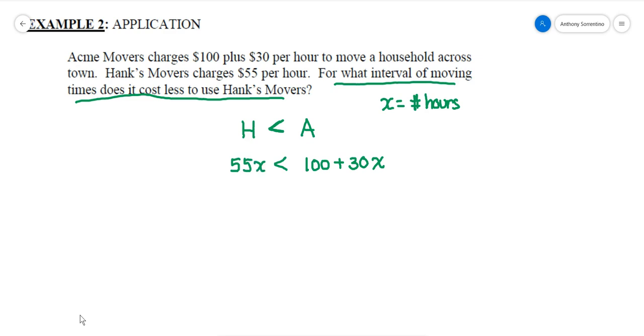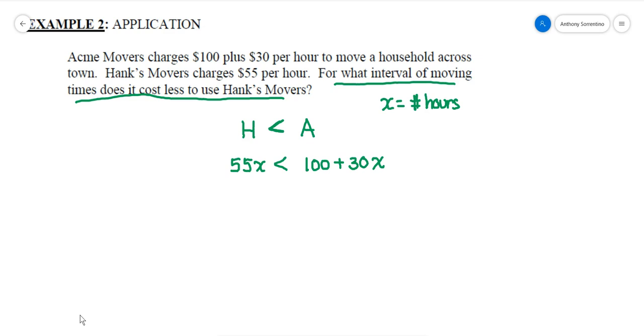times x. So for instance, say the time took 1 hour. That had to be a pretty small house, but say it took 1 hour. Then Hank would be charging $55. Acme would be charging $130. So obviously Hank in that instance is going to be lower.